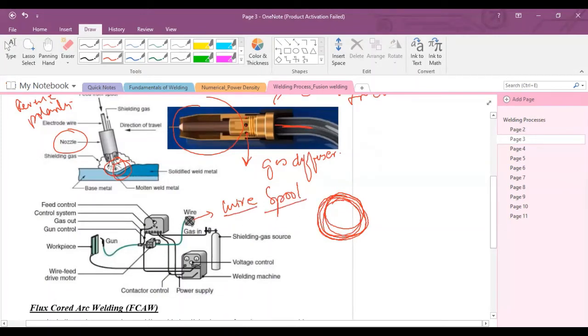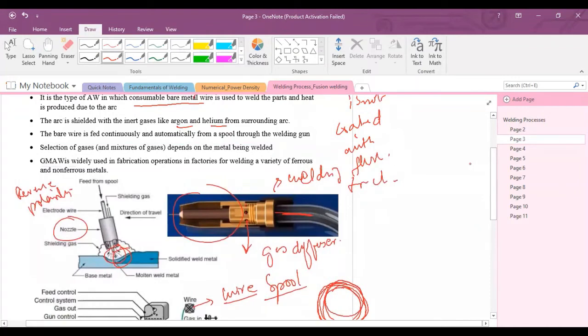There is one button in the torch, and when you press this button, the electrode wire is fed to the gun, because this wire is a consumable wire. During the welding it is continuously melting and adding into the weld, or into the molten pool.